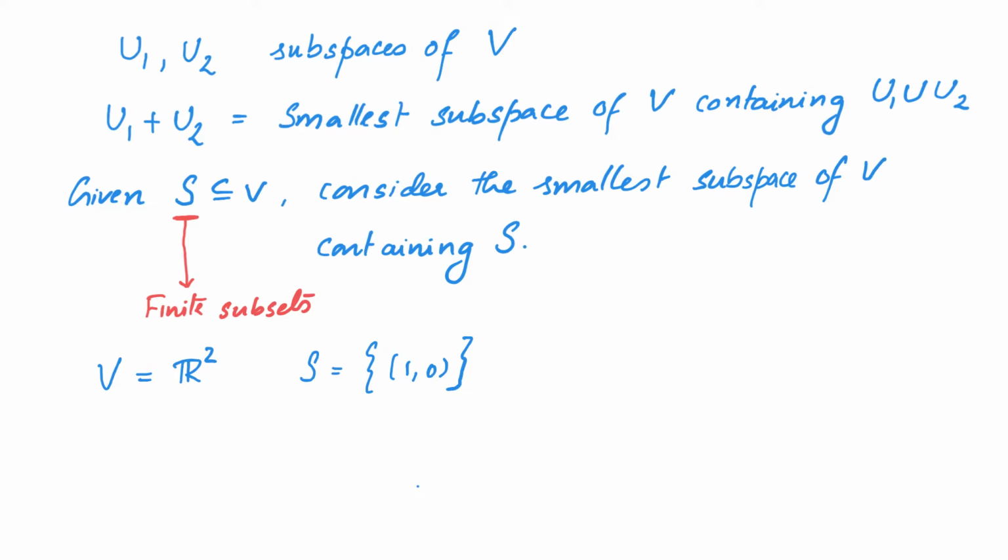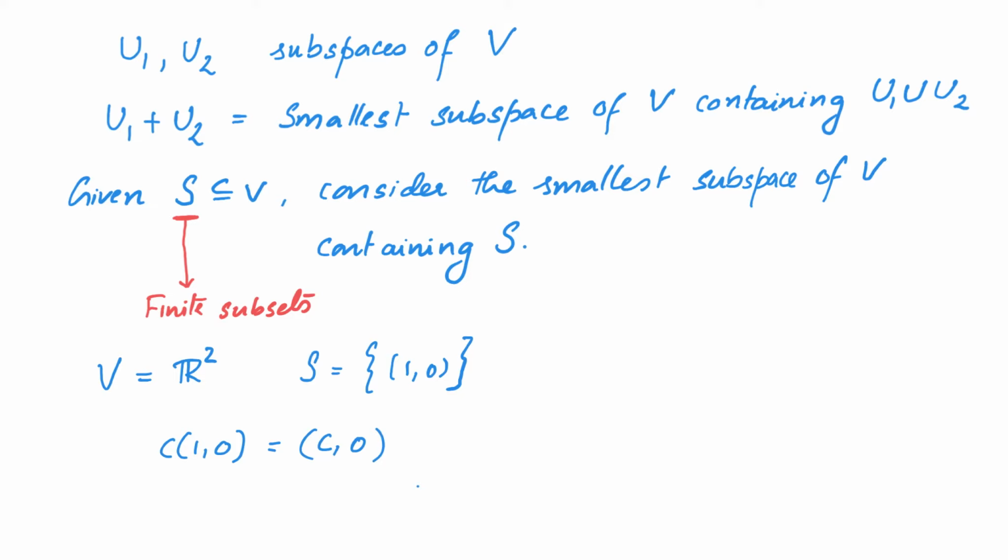Recall that a vector subspace is closed under vector addition and scalar multiplication. As it is closed under scalar multiplication, c times (1, 0) belongs to the smallest subspace. In other words, (c, 0) belongs to this subspace for all real numbers c.